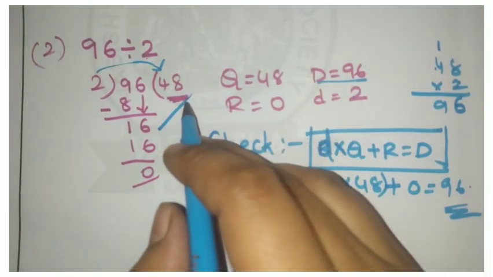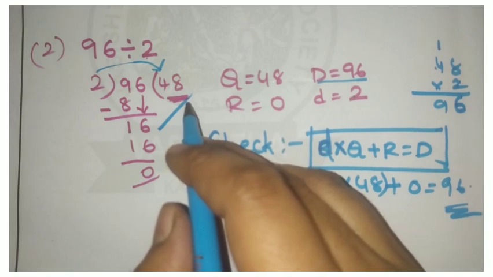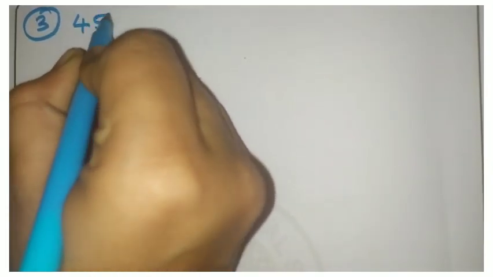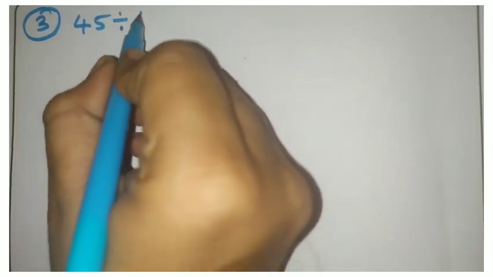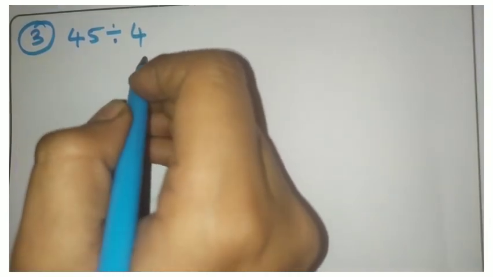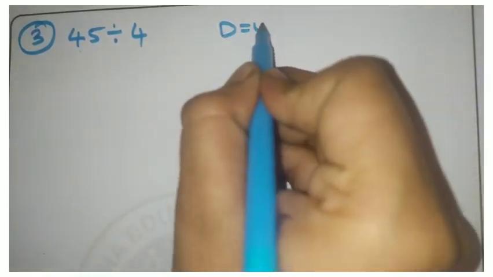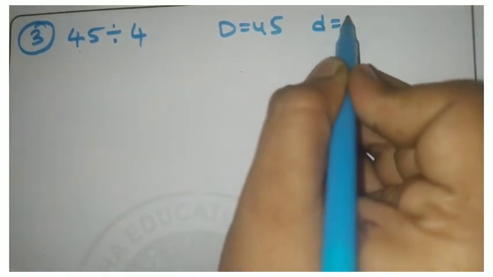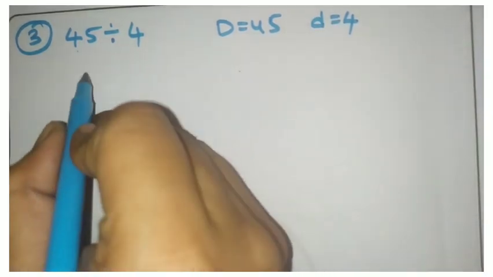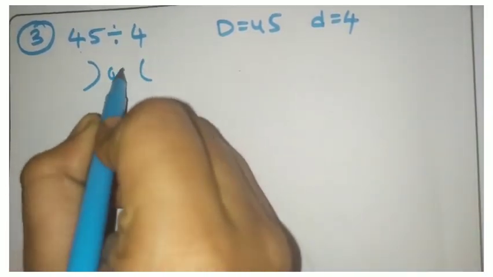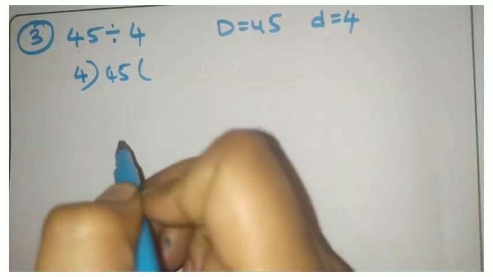Okay, now I will explain one more example. Look here, example 3. For example, 45 divided by 4. 45 is a dividend and 4 is the divisor. Okay, we will write the dividend in the middle and the divisor here.